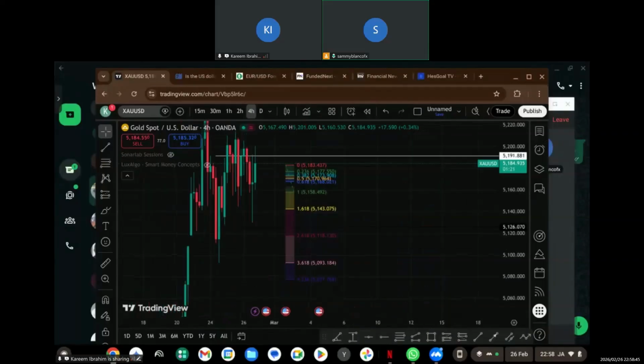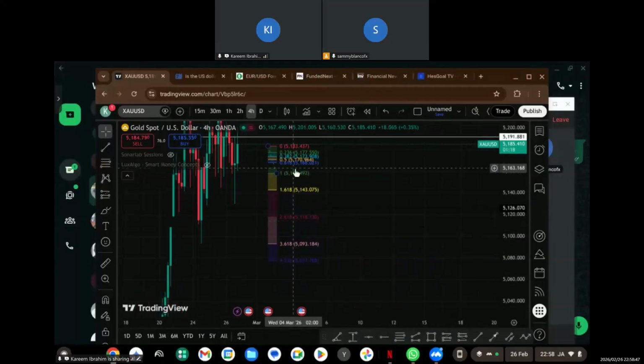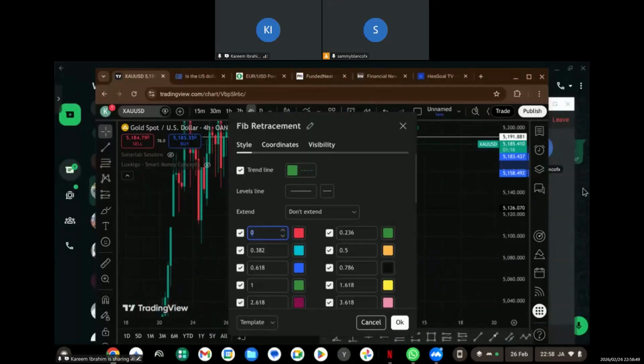Double click it. Yeah, we are there now. Now, toggle off from your right. Those lines from your right, toggle off 0.2. To your right. That's 0.2. Toggle it off.